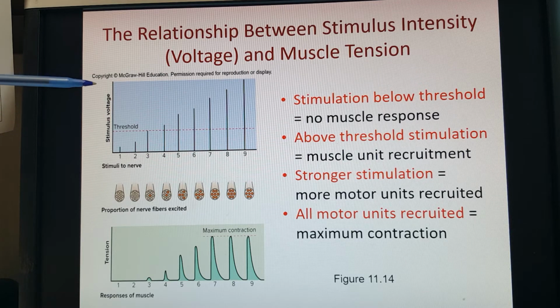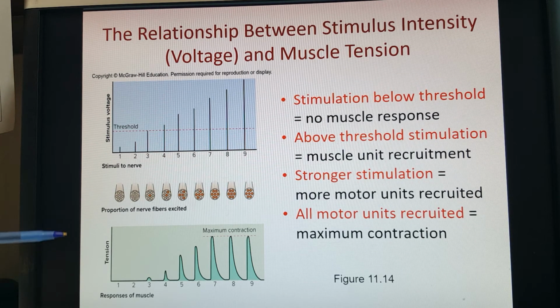So up top we have the different stimuli here, and we have different levels of stimulus, the red dashed line being our threshold. This middle section is showing how many motor units are recruited, and the bottom one is showing you the level of contraction, so seeing the actual shortening of our muscle.